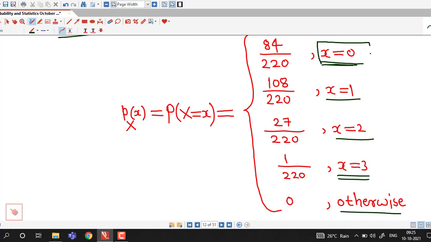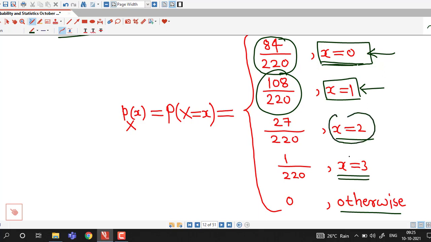Each value corresponds to the total in the row corresponding to x equal to 0, 1, 2 and 3.